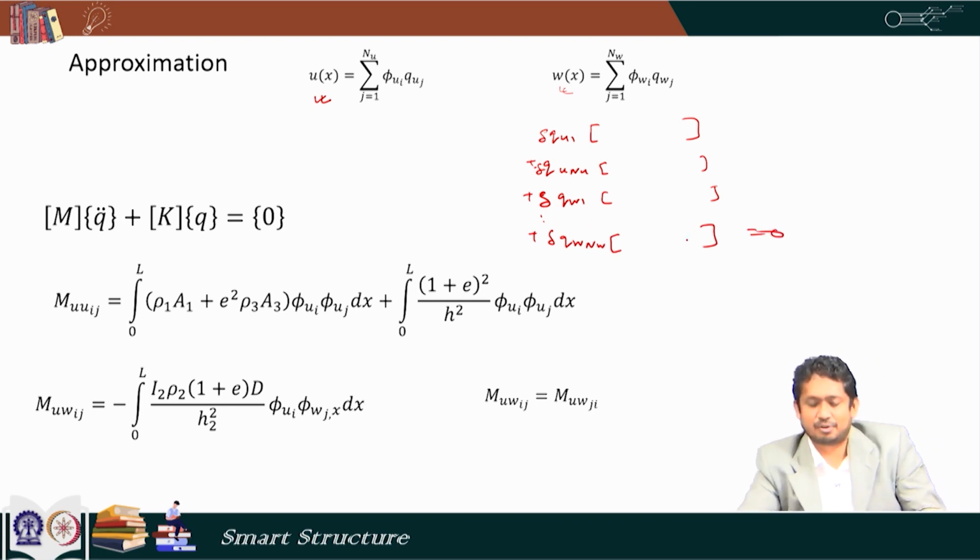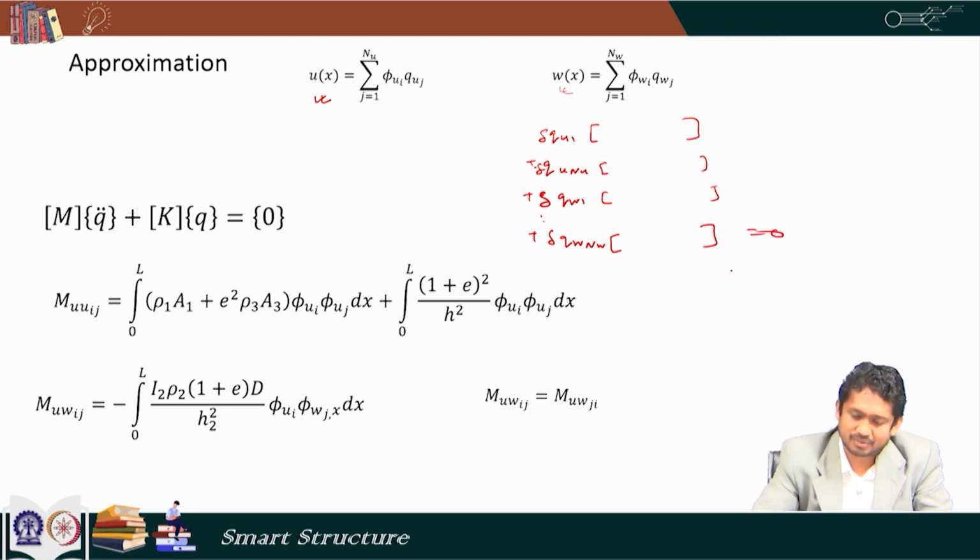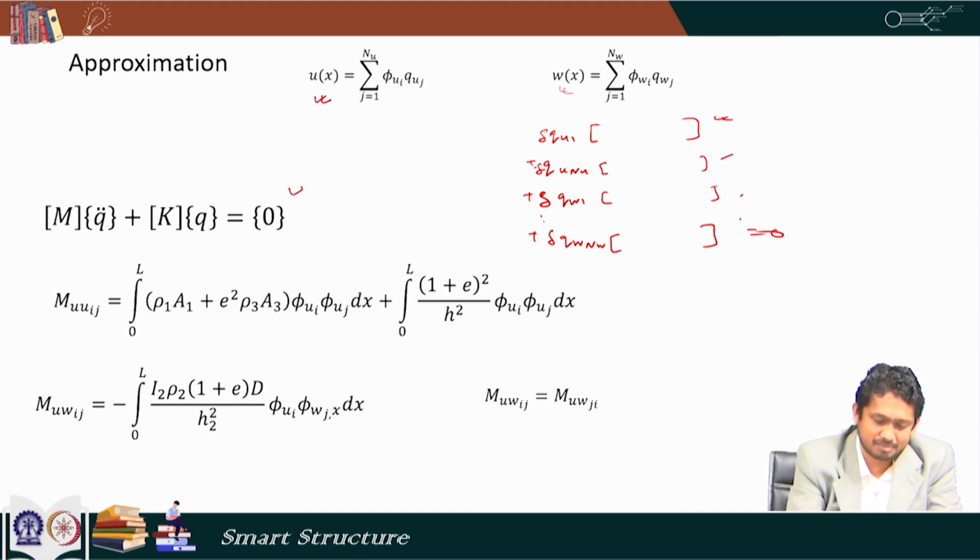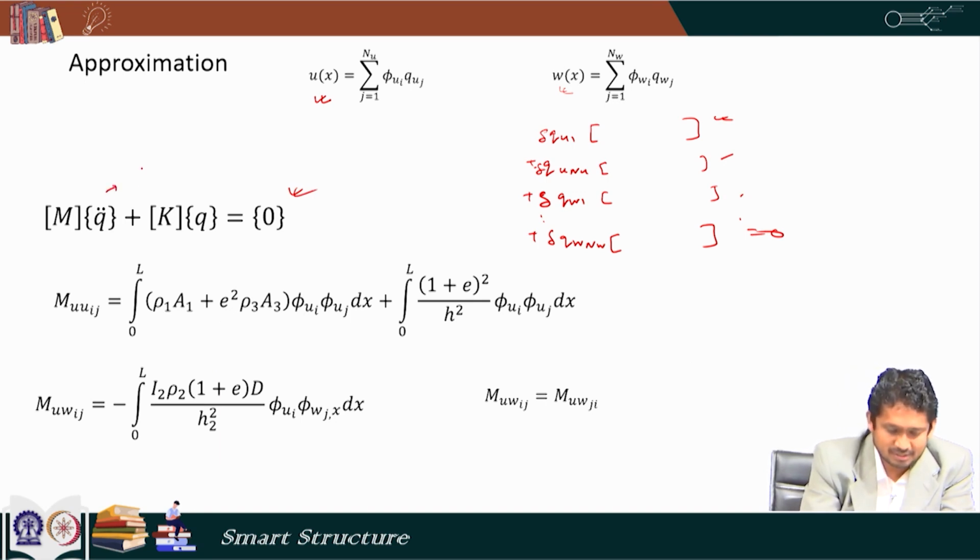We have done this kind of formulation several times in this course so far. So, we know that because these are independent variations, each of the terms in the bracket is 0, and that gives me a set of equations of this form. So, a set of Nu plus Nw equations.